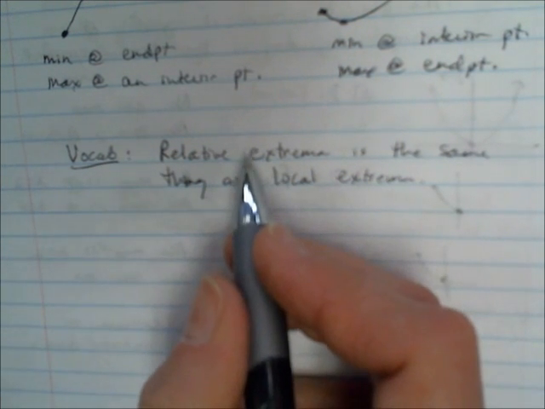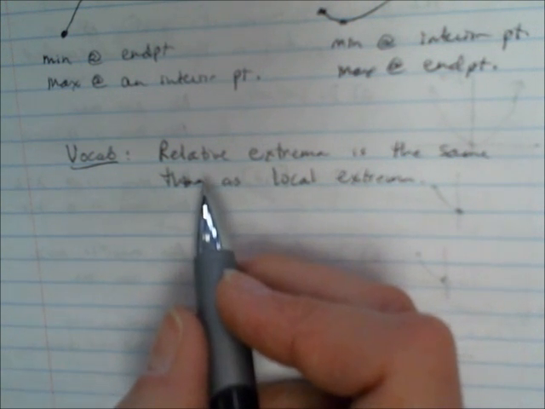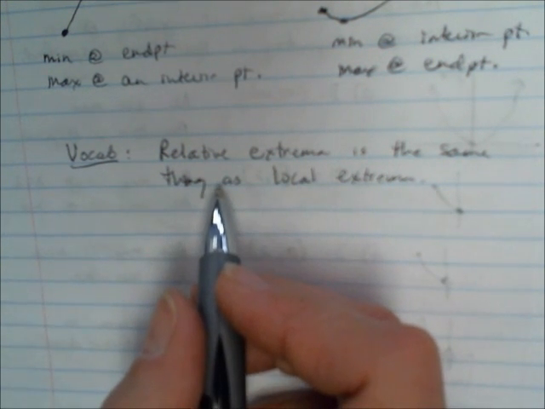And when you talk about the relative extrema, you're talking about all the points nearby. So sometimes absolute extrema are also relative extrema.